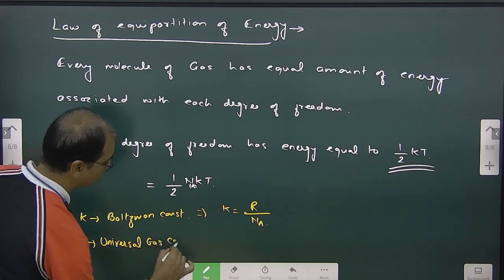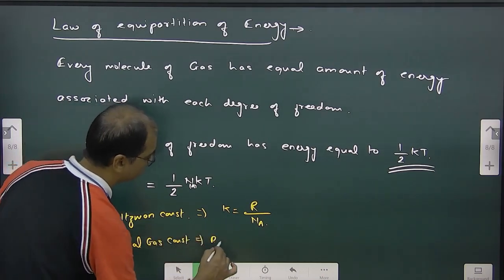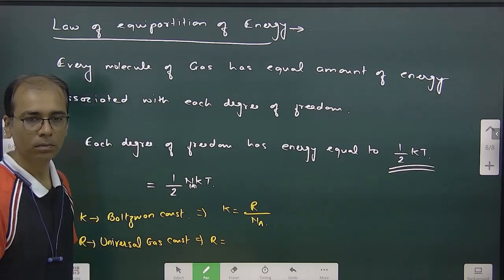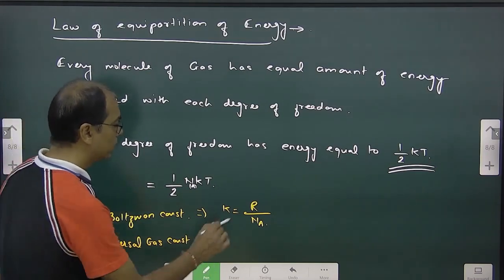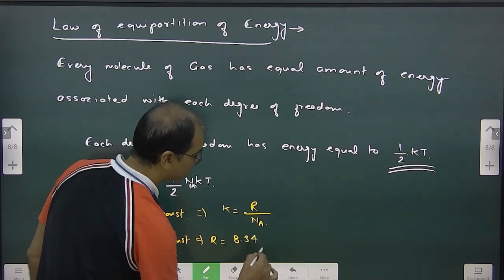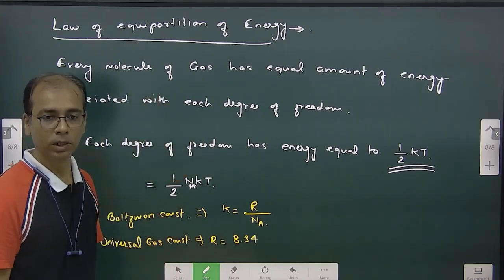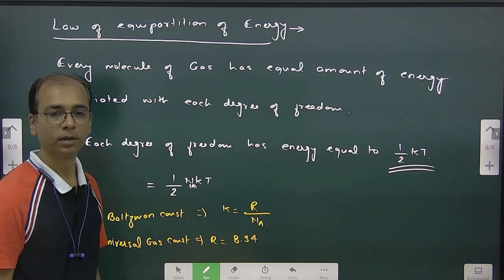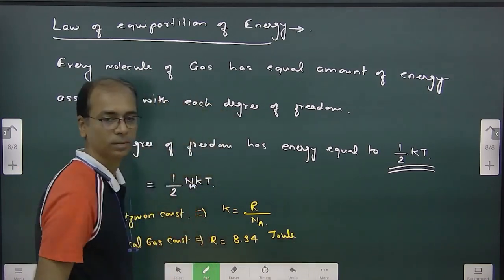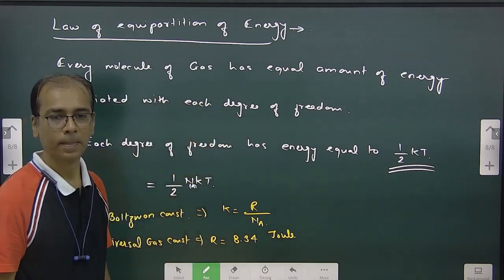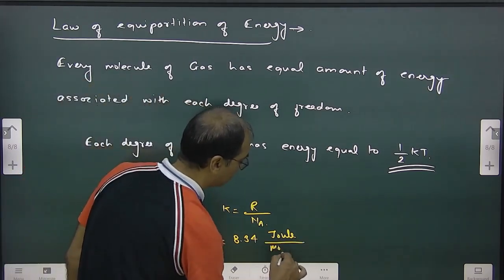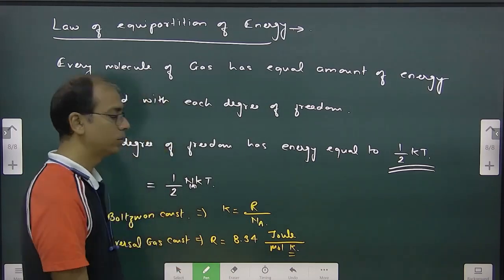Universal gas constant. And what is its value? R value, we all know. So k is equal to R by Na and R is equal to 8.34 joule per mole per Kelvin.